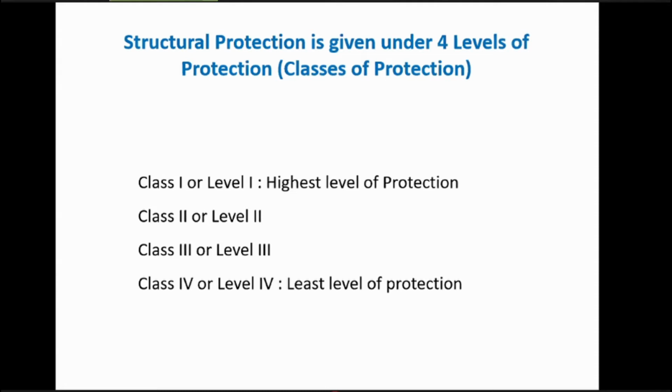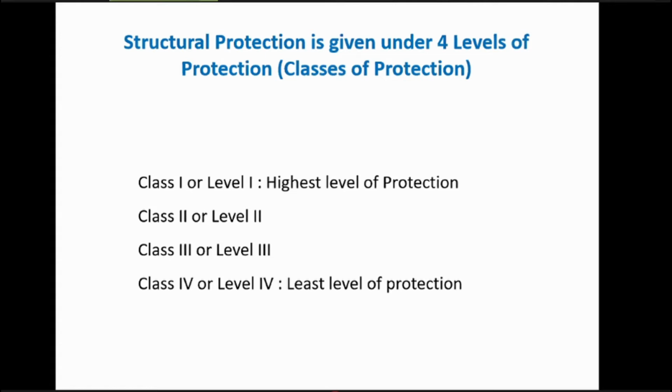By this risk assessment, we get an idea whether a building needs protection, and if it is needed, up to what level we have to give. That part, the risk assessment of lightning protection, is a separate subject to be taken in a workshop or training program, because it is usually a one-day training program. So I'll keep it aside.